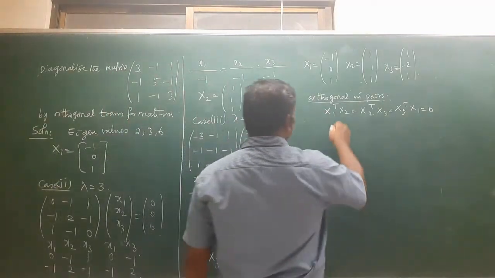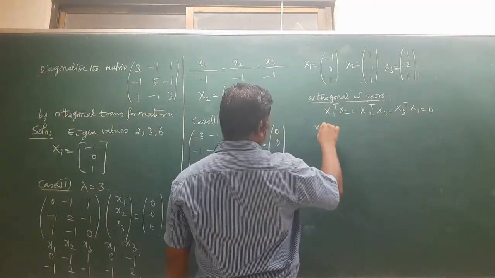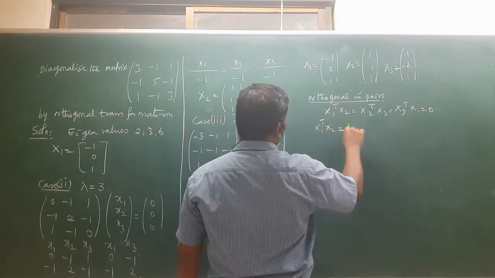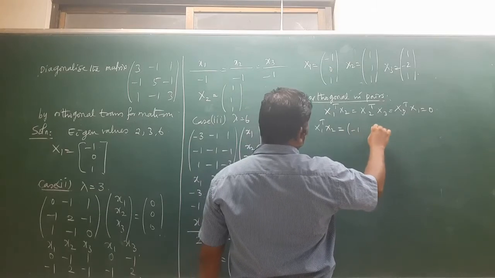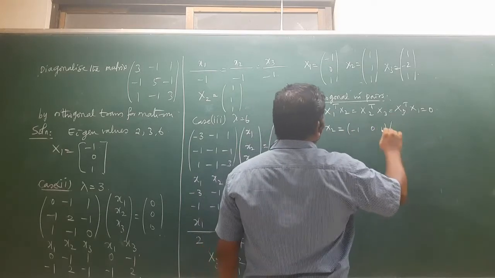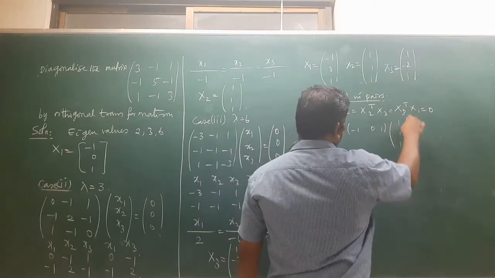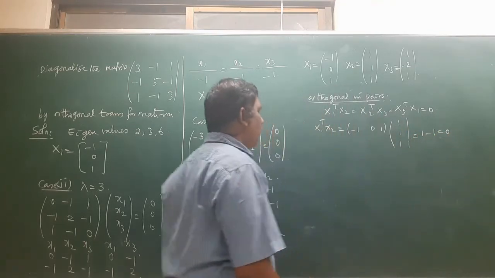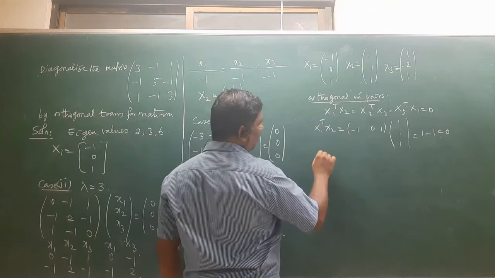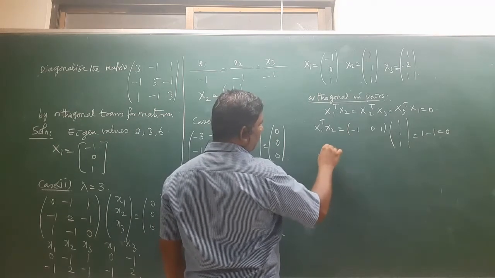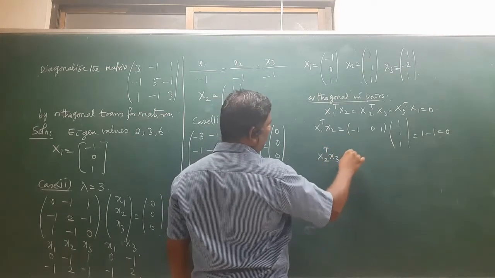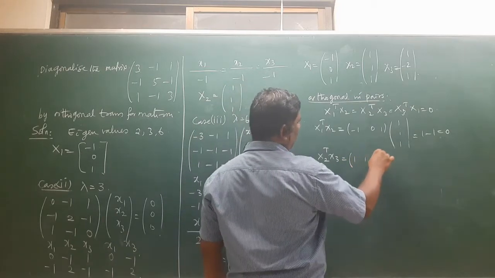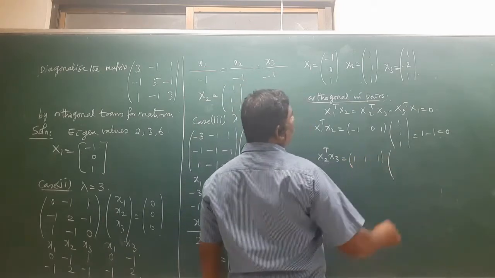What is x1 transpose x2? x1 transpose is minus 1, 0, 1 and x2 is 1, 1, 1. That is equal to minus 1 plus 1, that is 0. Similarly, x2 transpose x3 equal to 1, 1, 1 times 1, minus 2, 1.